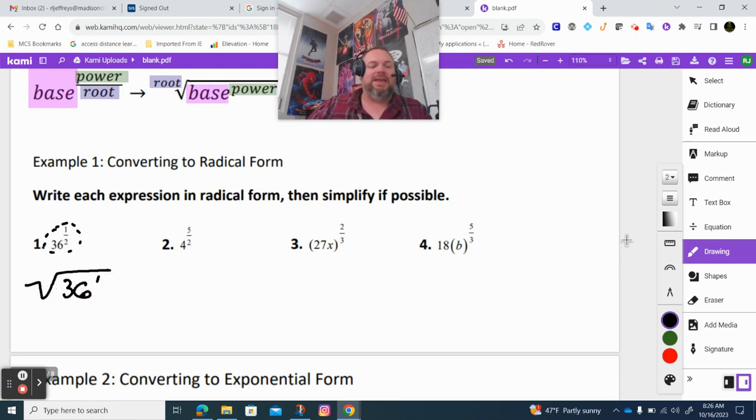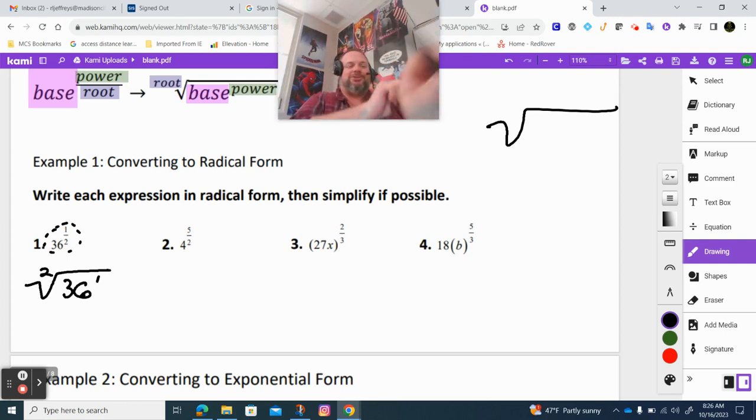If you see just a regular radical by itself like this, it's understood to have a 2 in the gutter. Okay, kind of like some of y'all's minds. Goes along with your shirt.